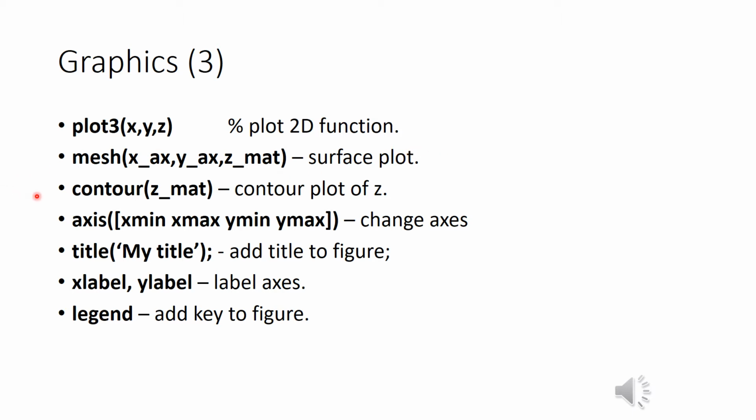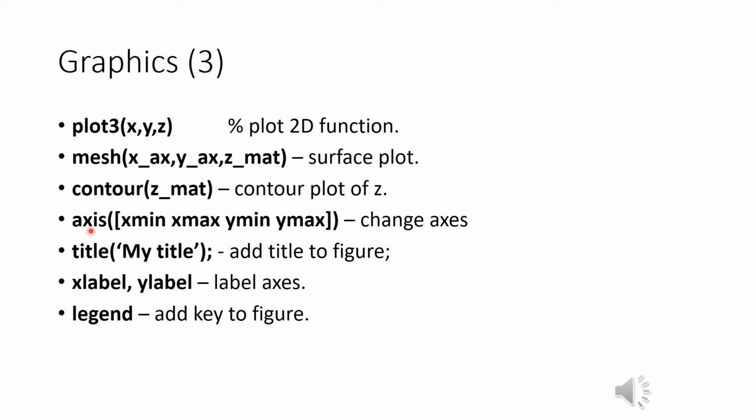And we have another function which is contour, and it contains a third parameter which is z. So actually it is the contour plot of z. This contour function will show the contour plot of the given axis.